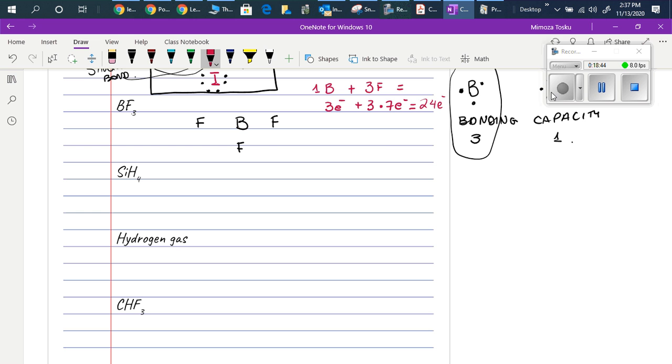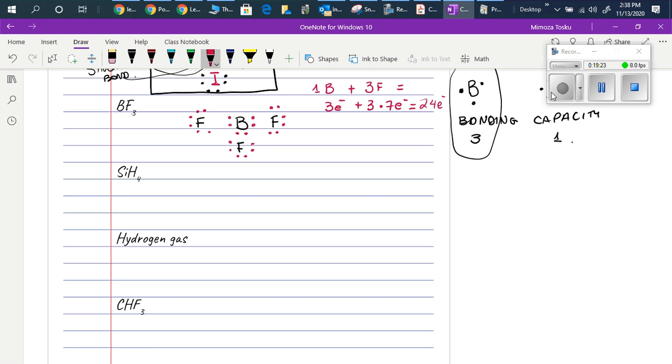So let's start placing those electrons in the central atom initially, and then in the outer atoms. So we'll complete the central atom. And boron now is an exception. It needs only 6 electrons to be completed. So 1, 2, 3, 4, 5, 6. And then we'll continue with the fluorines, placing electrons until we reach 24.